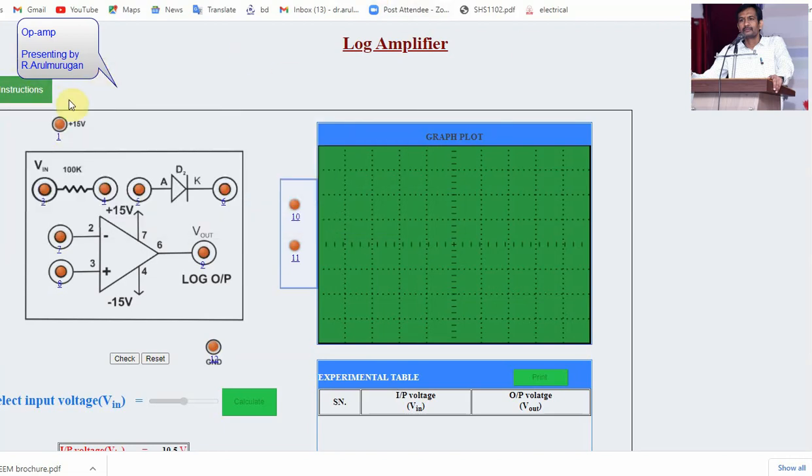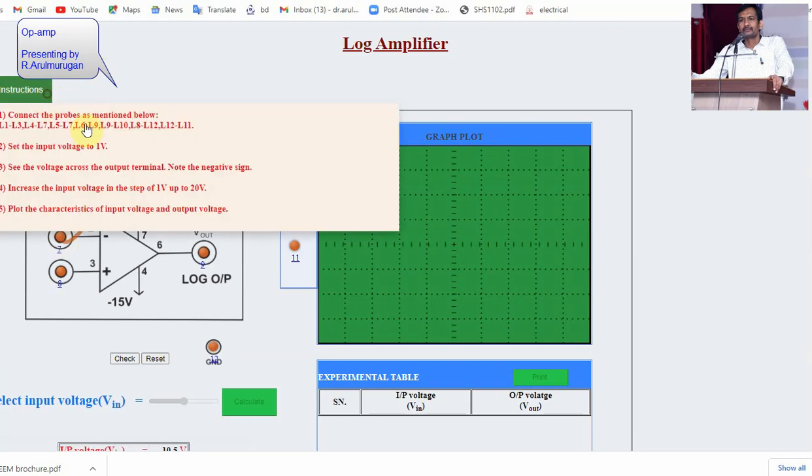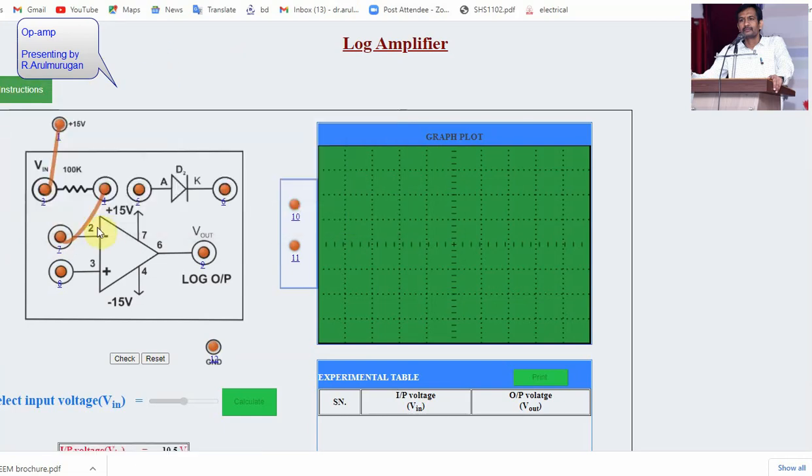For the log amplifier circuit diagram, L1 to L3, then L4 to L7, then L5 to L7.